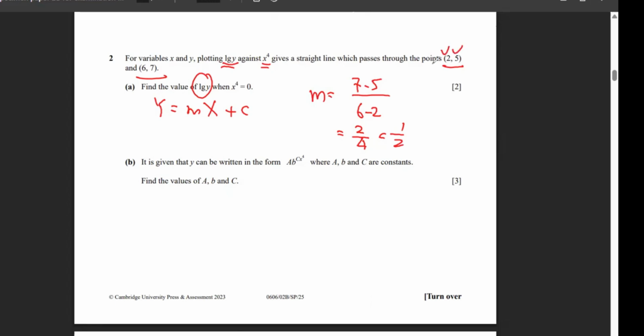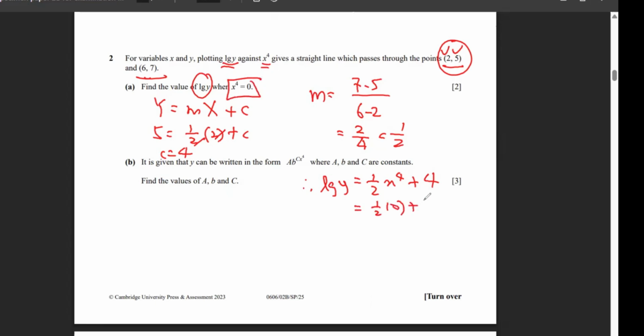Then for the x and y, we can use this pair or this pair. Let me choose this. So c is 4. Then I can confirm the equation is lg y equals half x power 4 plus 4. Then when x power 4 equals 0, lg y is 4. Then I successfully find the value of lg y.